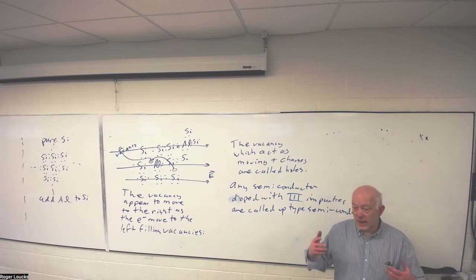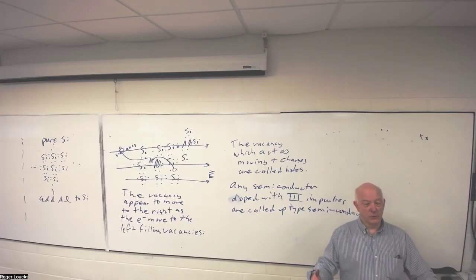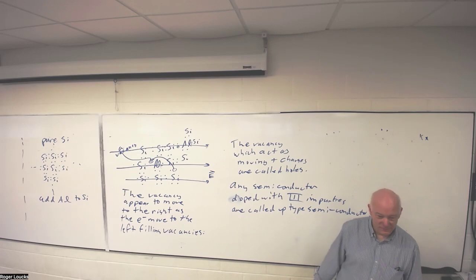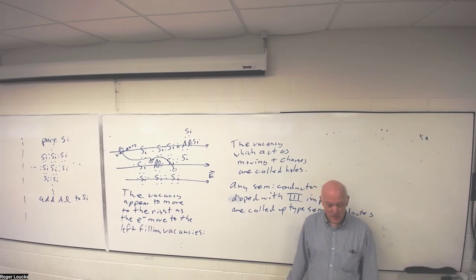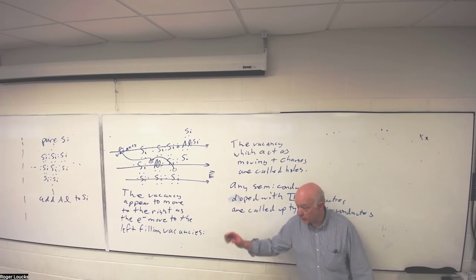Okay. Hey, what do you think is going to happen though if we put in elements from column 5, which have an extra electron? Pretty much the same thing, but we're going to have no vacancies. We're just going to have this small little electron.